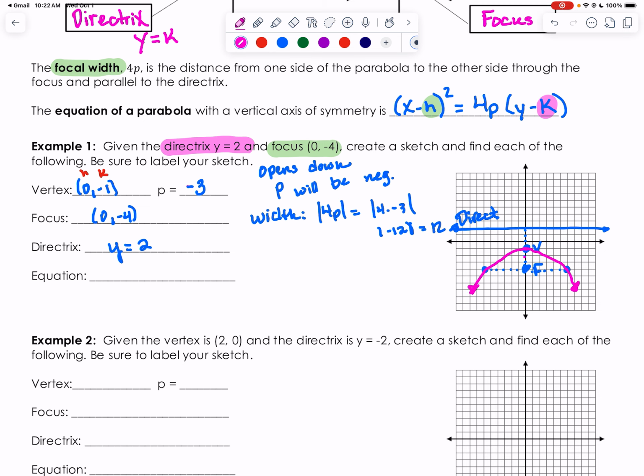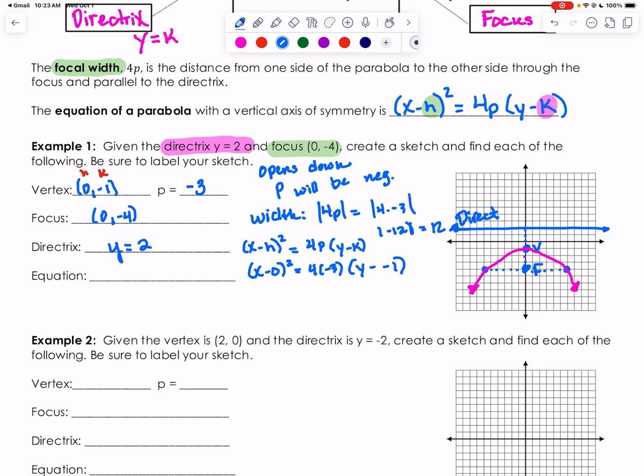Okay. Now, the last thing we're going to do is write an equation for this parabola. So let me write down the formula again for our parabola. It's x minus h quantity squared equals 4 times p times y minus k. And we're going to plug in what we know. So in this problem, we know that h is 0. We know that p is -3. And we know that k is -1.